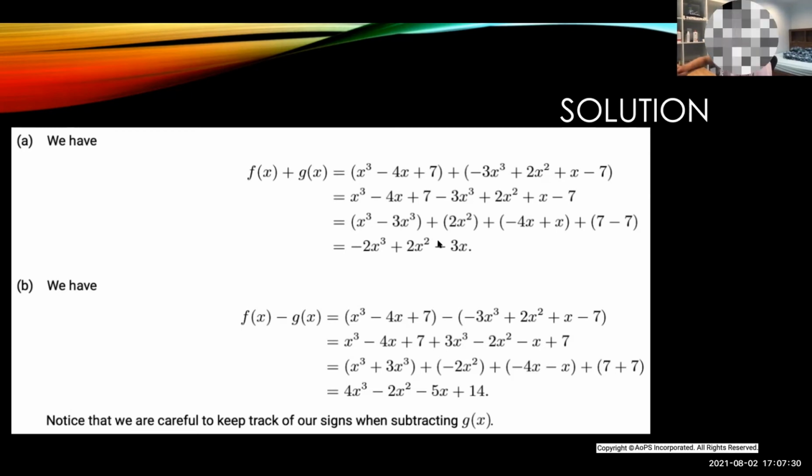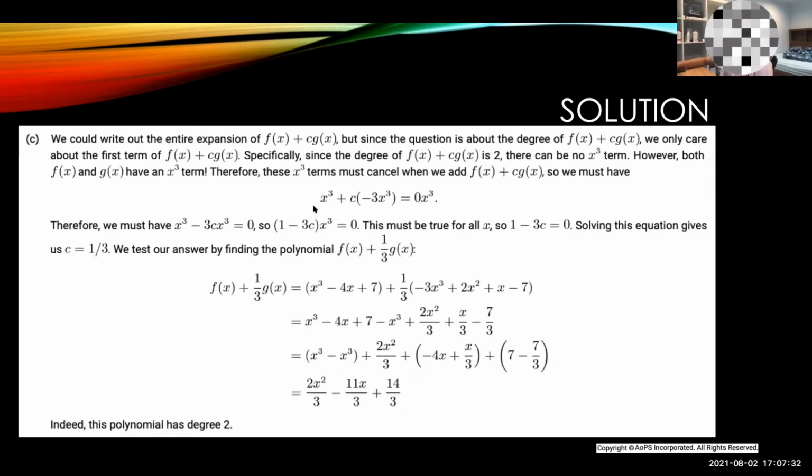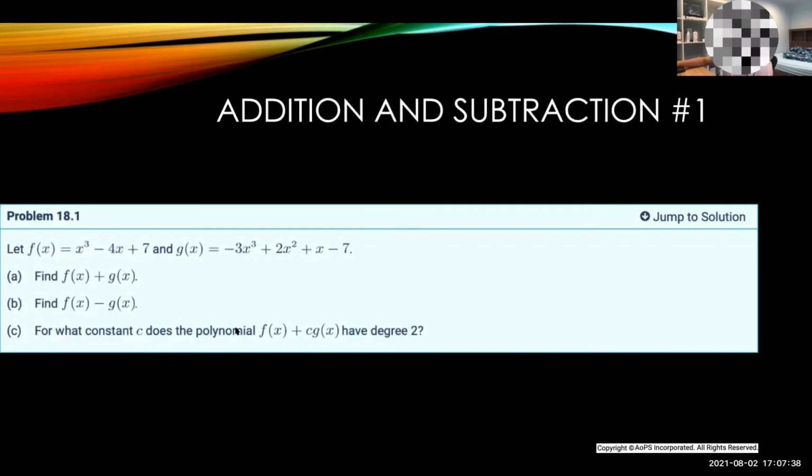Okay, and on to part C. So what C is asking is for us to find a constant where when we add these two functions together, it will have a degree of 2. And what degree of 2 means is that the max exponent in the polynomial is x squared.